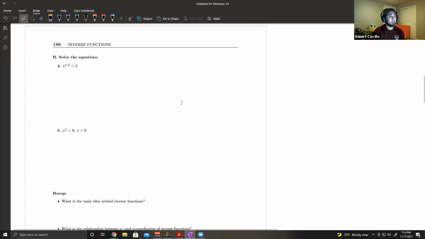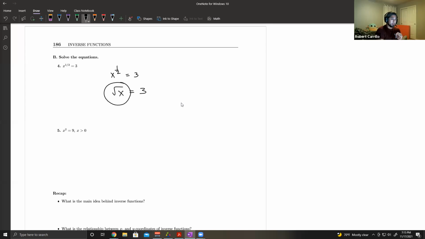All right. Next, B says to solve the equations. So on 4, we have x to the 1/2 equals 3. Now remember that x to the 1/2 can be rewritten as the square root of x equal to 3. Now, if I wanted to solve this equation for x, how would I get rid of this square root?